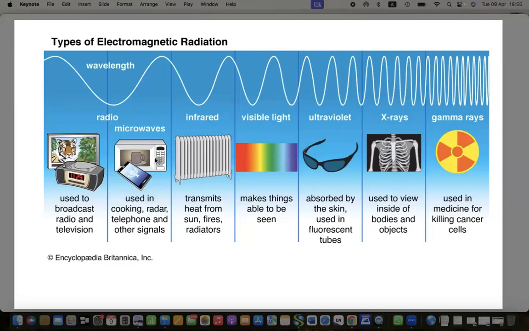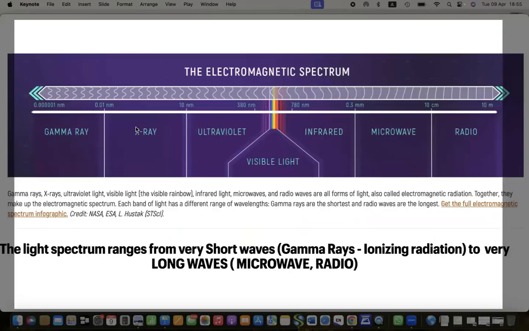Getting to the longer waves are microwaves, carrying on into radio. Cell phones are somewhere in this part of it as well. Wi-Fi is, I think, over here. So, just another look at the spectrum.